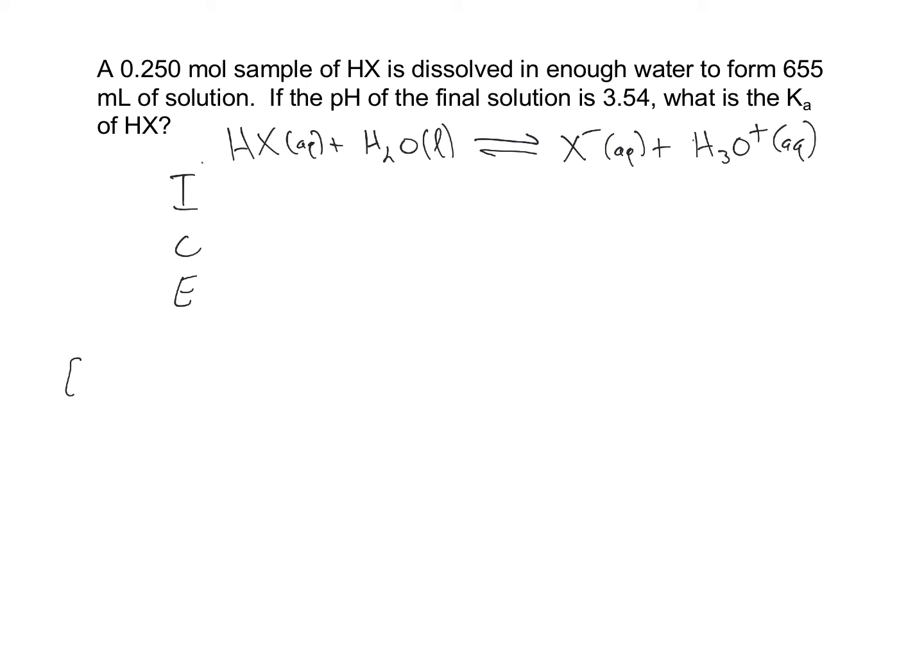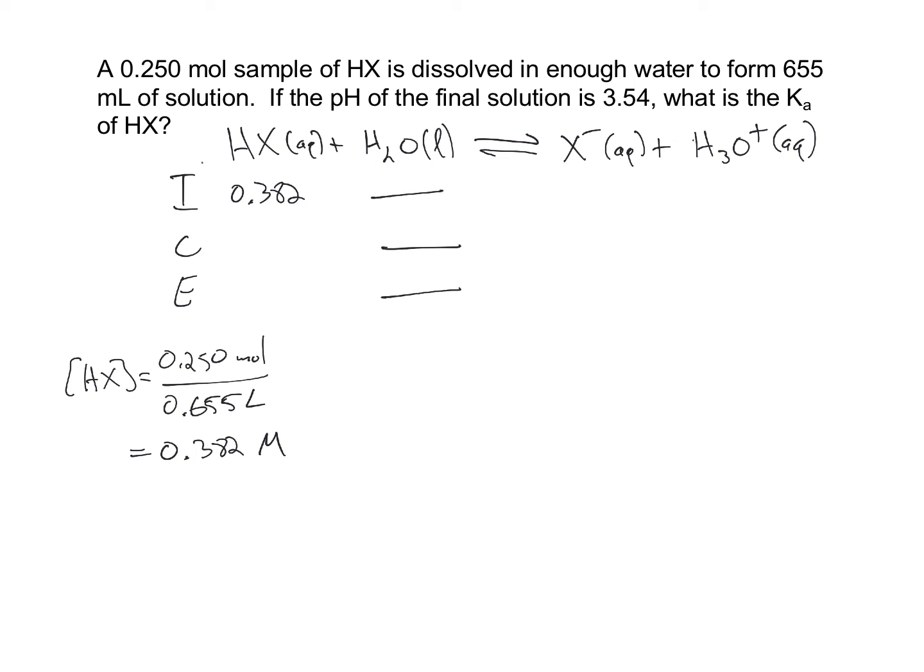So remember to convert your volume into liters. And so our initial concentration is 0.382 molar. Of course, the water, because it's a liquid, doesn't concern us. These initials are 0. Fill out our change.